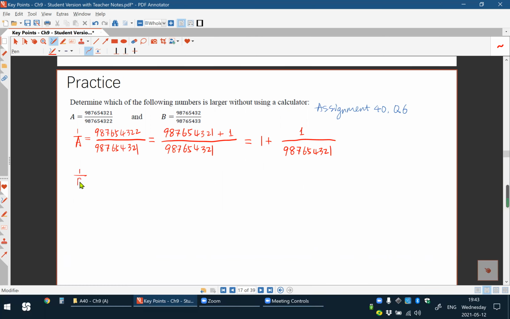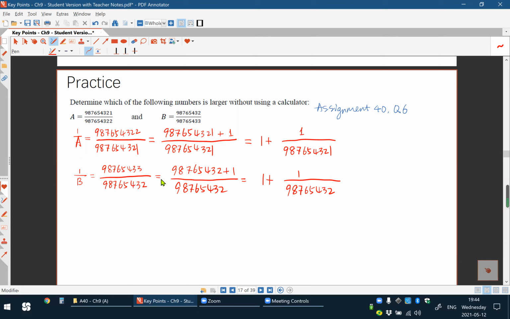And we do the same transformation to B. The reciprocal of B is over, which is plus 1 over, okay, which can be simplified to 1 plus 1 over a very large number.